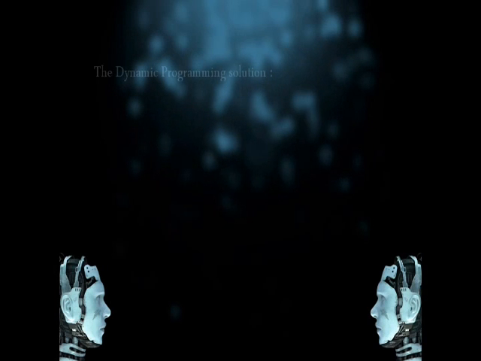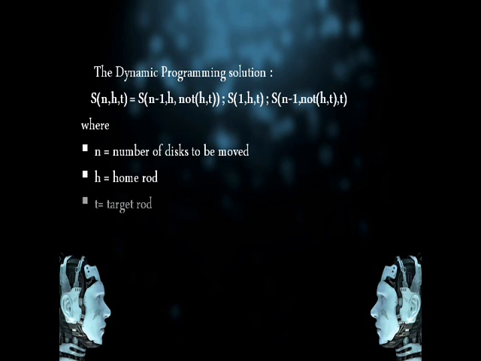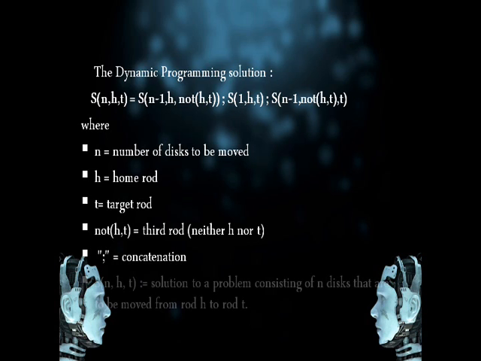The dynamic programming solution consists of solving the functional equation as shown below, where n denotes the number of disks to be moved, h denotes the home rod, t denotes the target rod, not parentheses ht denotes the third rod, neither h nor t.